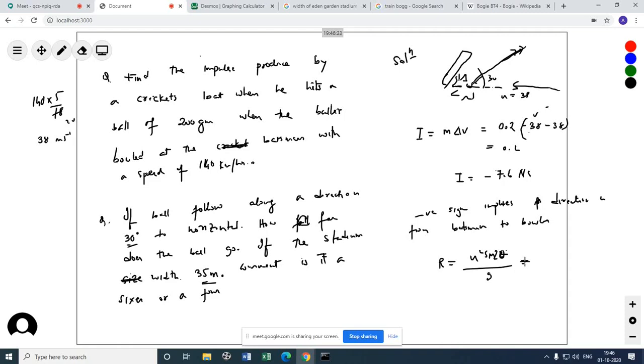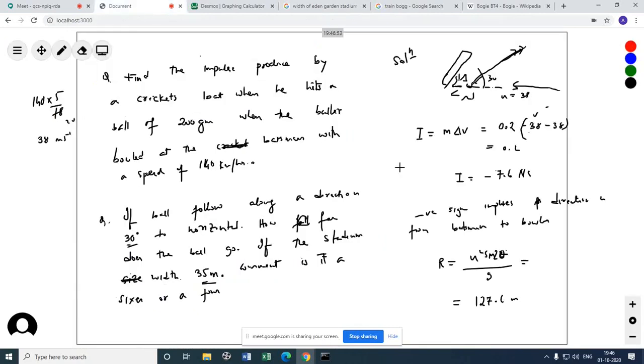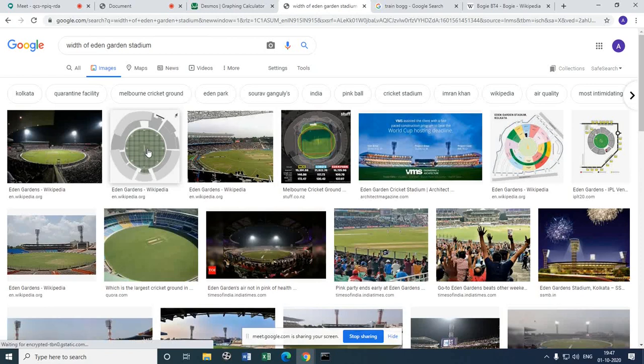So the horizontal range is coming 127.6 meters. Okay, so if we take Eden Garden, if we take this side also 130, oh my god. No, that side would be the 6, no? Is it or not? Top view, you see. Can Abhishek repeat his answer?